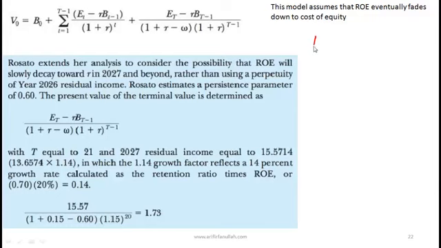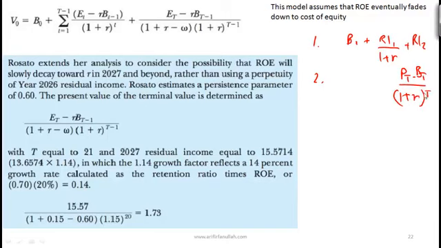We first looked at a system where it was simply B naught plus the residual income in year 1 discounted back, plus residual income in year 2 discounted back, and so on. Then in the second one, we also included some sort of premium at time T, and then discounted that by (1 plus r) to the power of T. Okay, so now this was an abrupt stop.